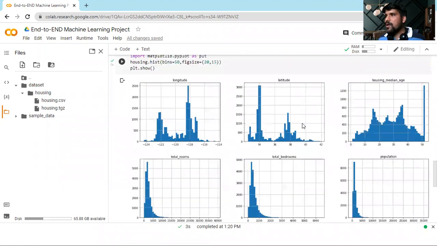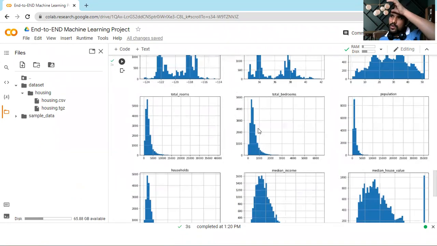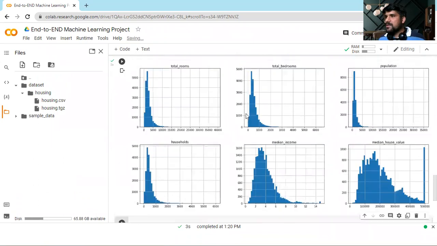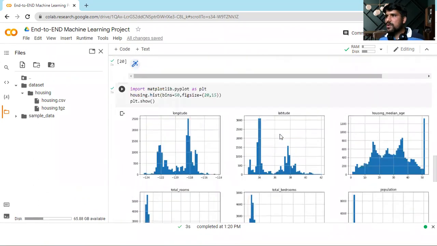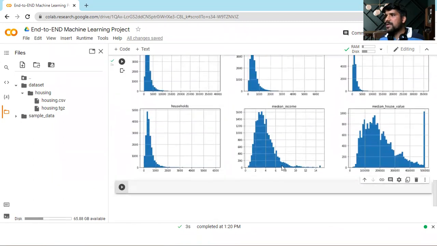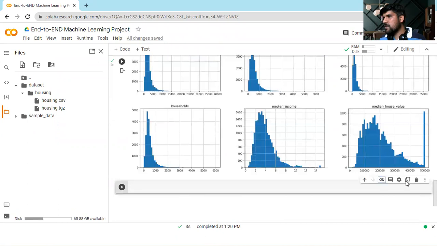Here we drew all the features: longitude, latitude, housing median age, up to median house value. Now if you look at the graphs, not all of them are exactly normally distributed, but they mostly form a tail towards the right. Mostly the data forms a tail towards the right from the median.